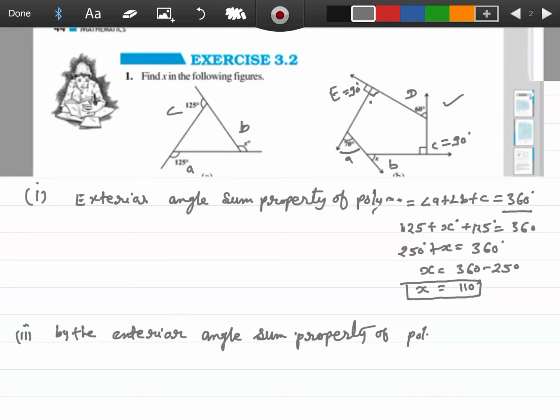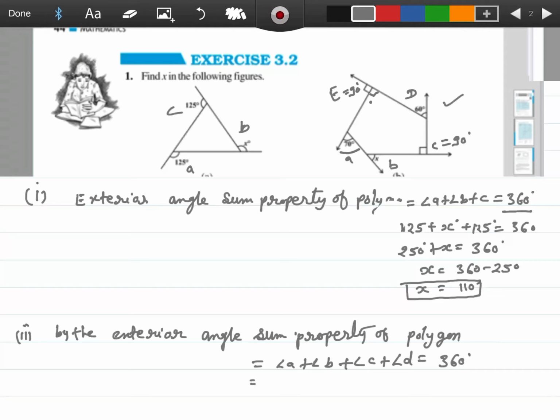By the exterior angle sum property of a polygon, what will happen here? Angle A plus angle B plus angle C plus angle D plus angle E is equal to 360 degrees. There are 5 exterior angles, so the sum of all the 5 exterior angles will be equal to 360 degrees.